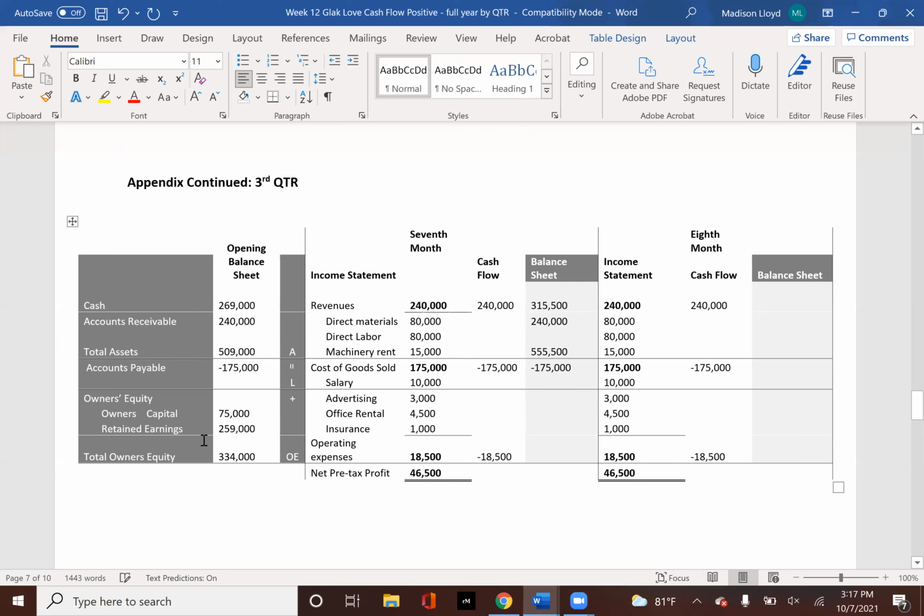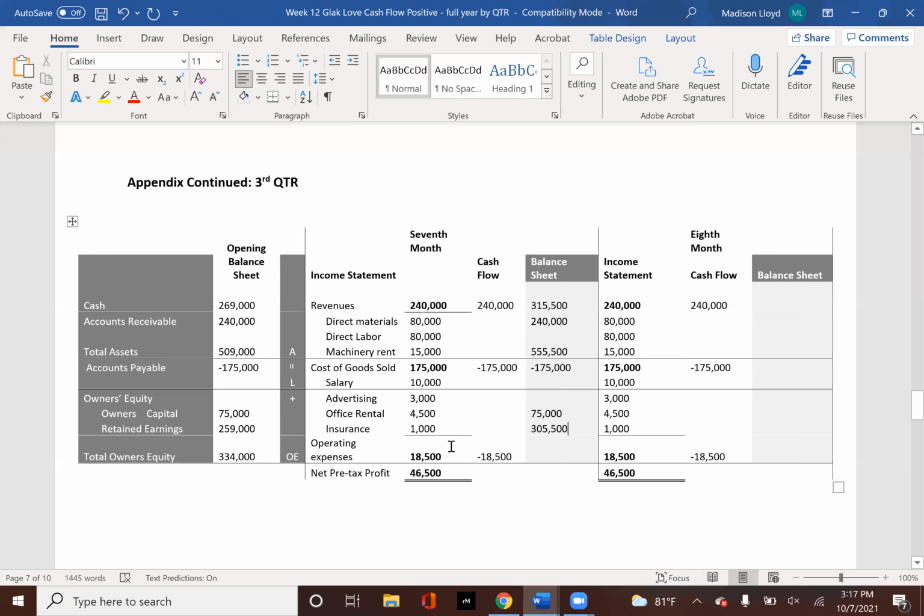Come on down to your owner's capital, which is always going to be $75,000 because that's what they initially invested in. And all of your retained earnings. So $259,000 is all of your retained earnings up until this month. Okay. So just do $259,000 plus your new profit of $46,500. You're going to come out with retained earnings of $305,500.